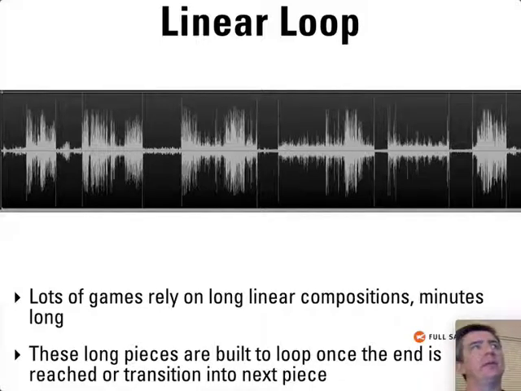Actually, I think probably maybe even more basic than that would be just a piece of linear music that starts at the beginning and plays through and stops at the end. And that would be more of a static piece of music that doesn't change. The game doesn't interact with it more than just starting it and stopping it.